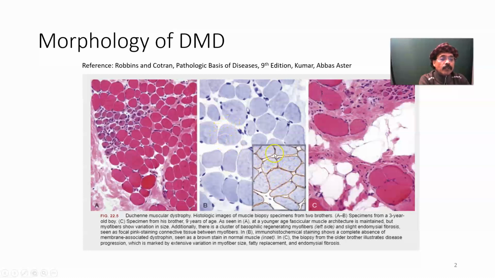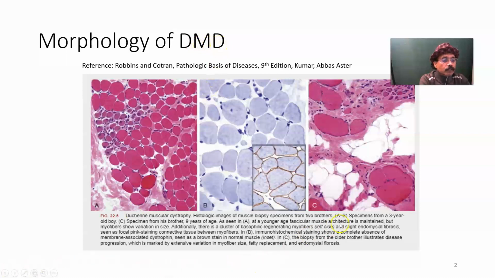This is a normal cell, and this gray area is along the cell membrane, or the sarcolemma, of the muscle, and these are the protein. There is the dystrophin. This dystrophin is absent here.